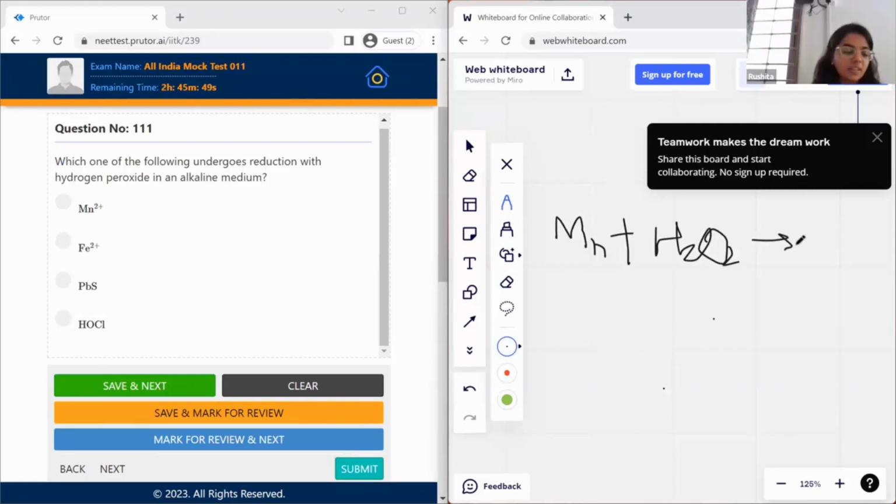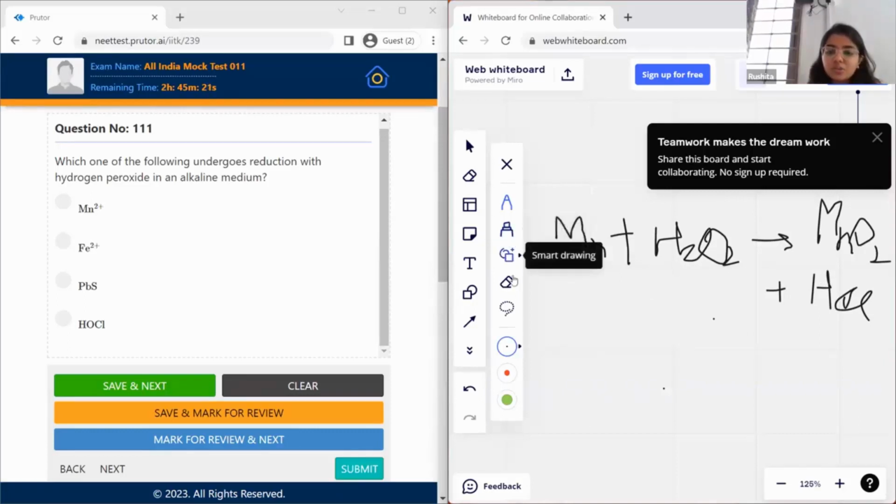The products you have to know from the reactions given in the NCERT. These reactions are given in NCERT, so you need to know which products would be formed. So here, with H2O2, H2O would be formed.